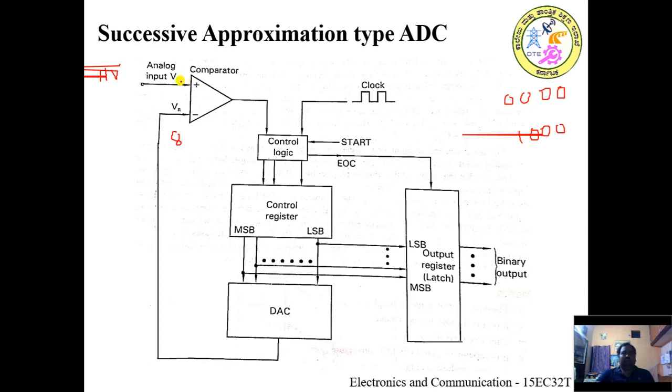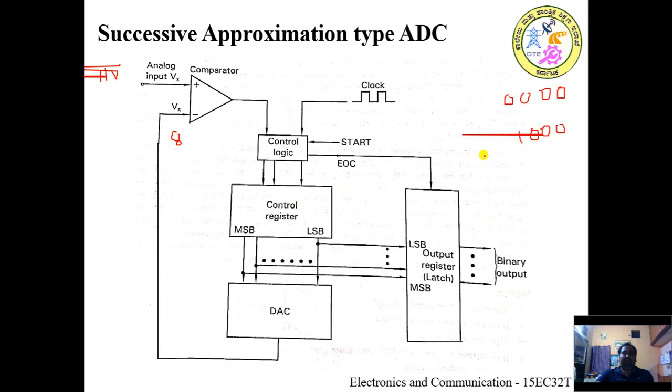If the VA value is greater than VD, it indicates that the actual analog voltage value is greater than the approximated digital value. This makes the control logic retain the 1 setting in the MSB bit.